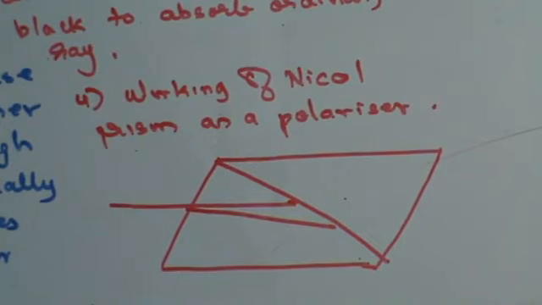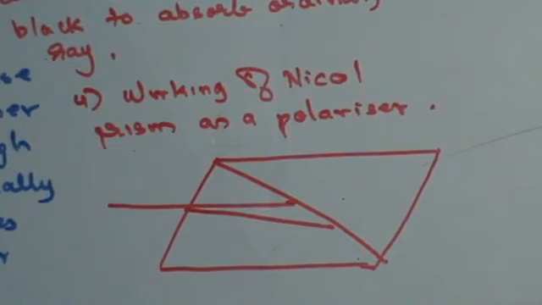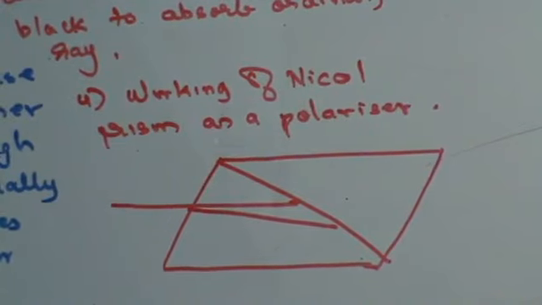Now, I'm going to design it in such a way, this whole angle and the Canada Balsam is designed in such a way that one of the rays, as it moves, moves from a denser medium to a rarer medium at an angle greater than the critical angle.